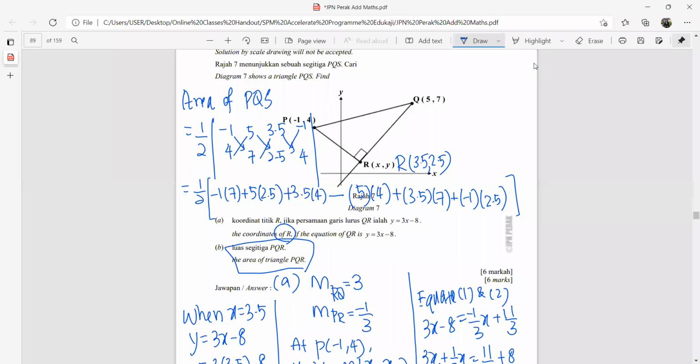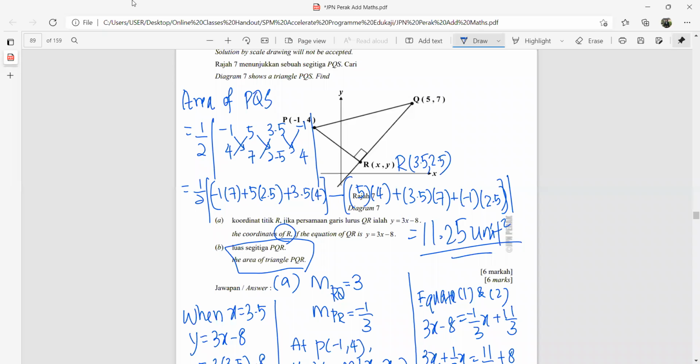Okay, so remember at the end it is modulus. And what's the answer? I only see all of you got 11.25 square units. Okay, so that means that's the answer. Okay, good.